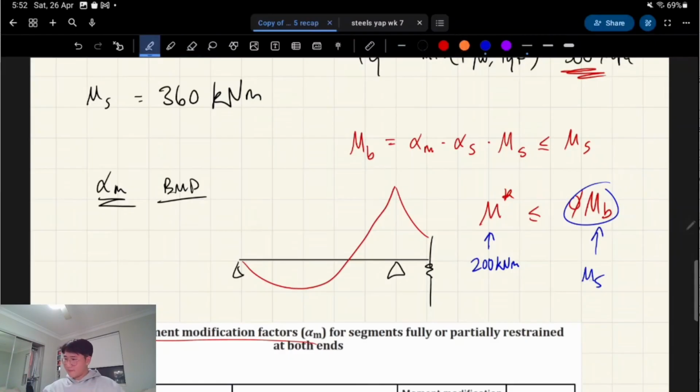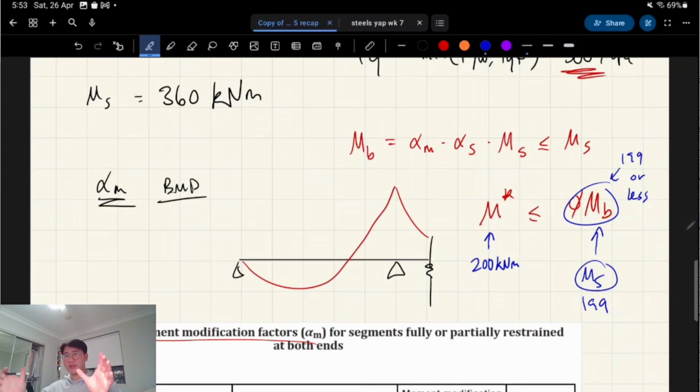The thing is, MS is an intermediate step, which is the section capacity, in order to get to that resolution. If MS is 199, you can bet that MB will not be greater than it, right? So MB will either be 199 or less.